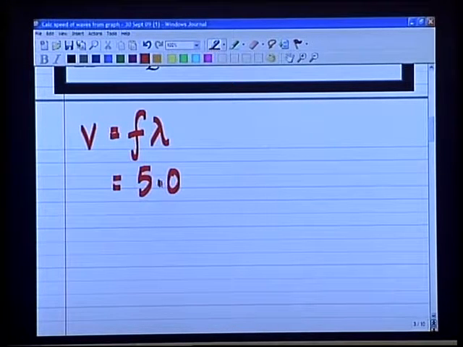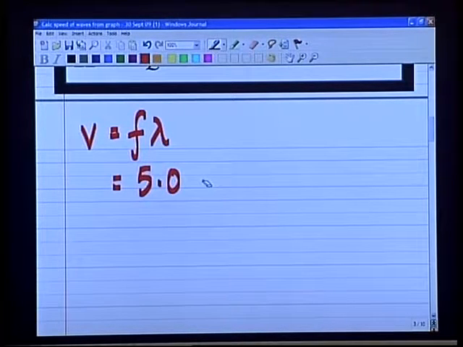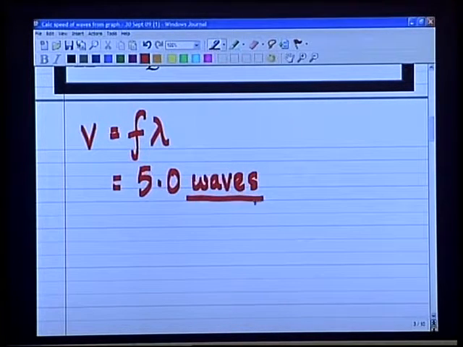So, I will put down here 5 hertz, 5 cycles. I want to write down cycles or 5 waves. Both are correct. We are talking about waves here. So, I want to put down 5 waves per second. You get it? So, this is 5 waves per second.